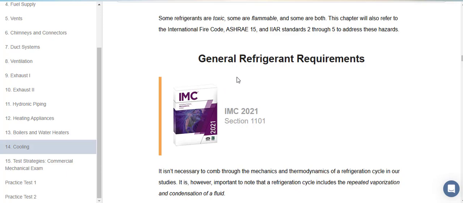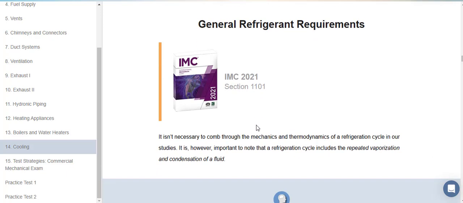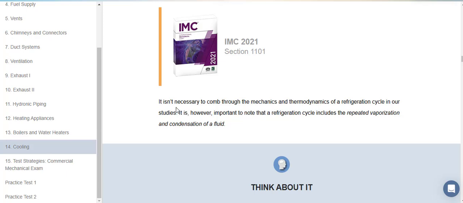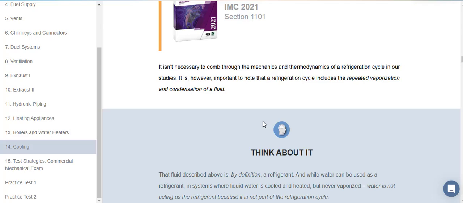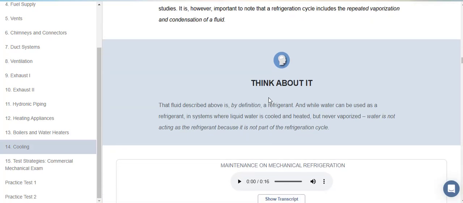General refrigerant requirements, International Mechanical Code 2021, Section 1101. It is not necessary to comb through the mechanics and thermodynamics of the refrigeration cycle in our studies. It is, however, important to note that the refrigeration cycle includes the repeated vaporization and condensation of a fluid.